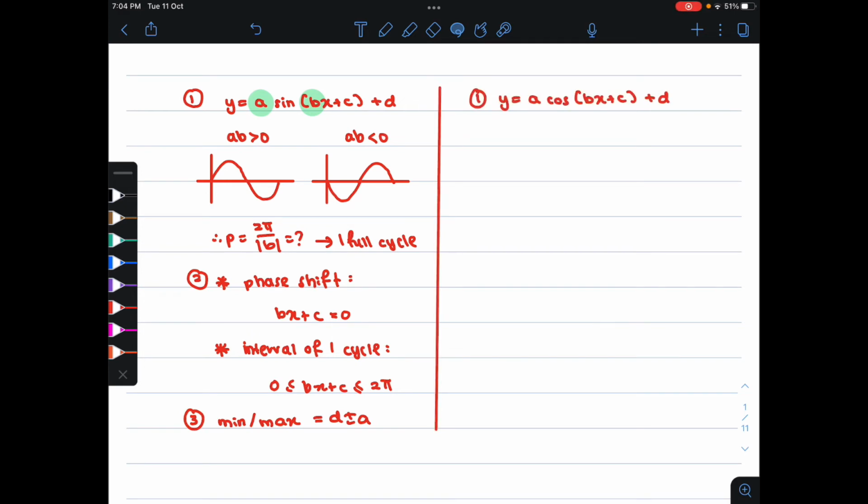We're going to do the same thing for the cosine function. So the first step is to write the equation y, and then we will look at the value of a times b. If ab is positive, your graph will look like this, which is an inverted bell shape.